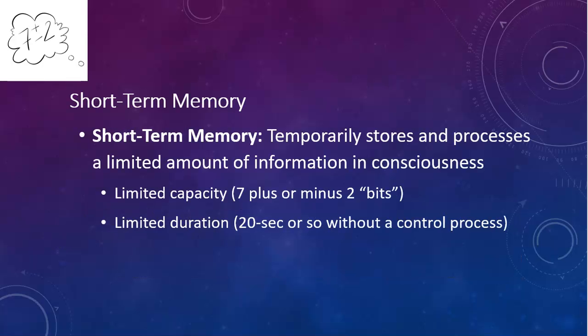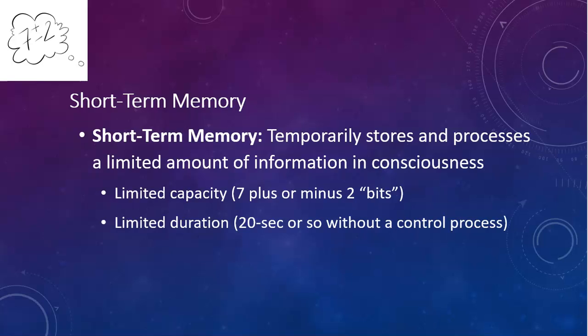So short-term memory is defined as temporarily storing and processing a limited amount of information in the consciousness. Now, it does have a limited capacity, so this is where we get that 7 plus or minus 2 bits of information.